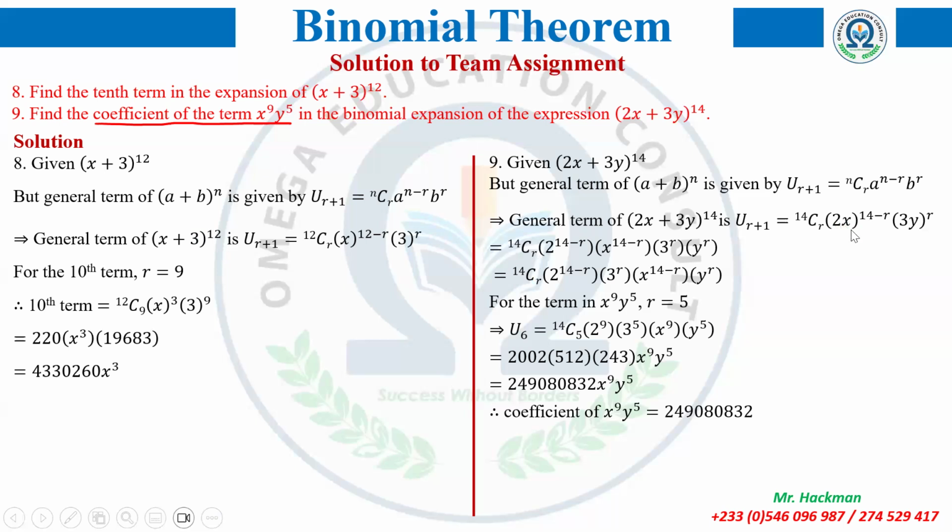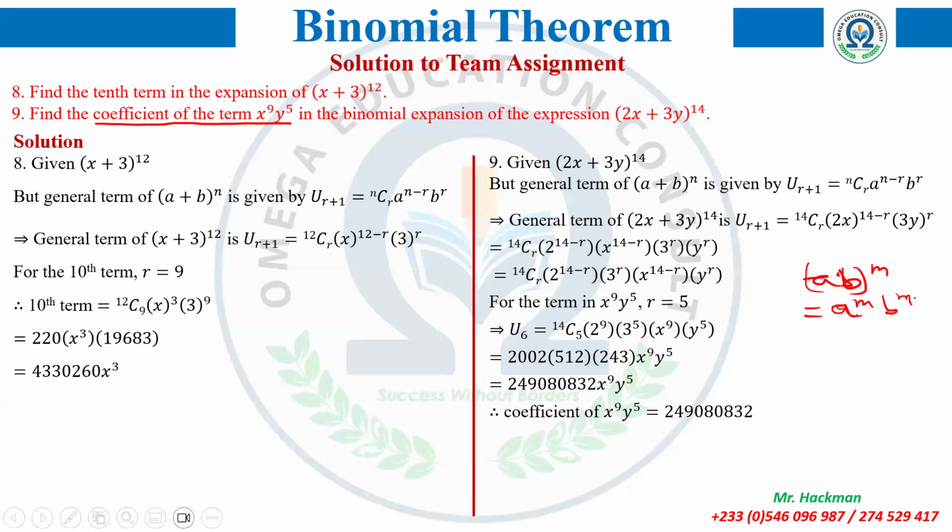So with this one, this is what we do. Remember I said, make sure if the coefficient of your x, or your variable, is not 1, split it using this law of indices: a b to the power m is equal to a to the power m, then b to the power m.